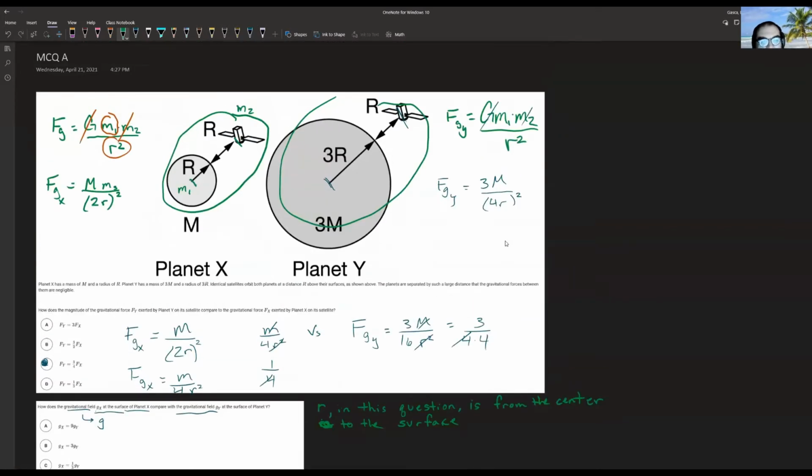In this case, because they wanted the gravitational force on the satellite, R is the distance from the center to where the satellite is. Because we want the gravitational force on the satellite, we needed to use 4r in the previous example in Y. But here, because we're just talking about the surface, that'll change our r.